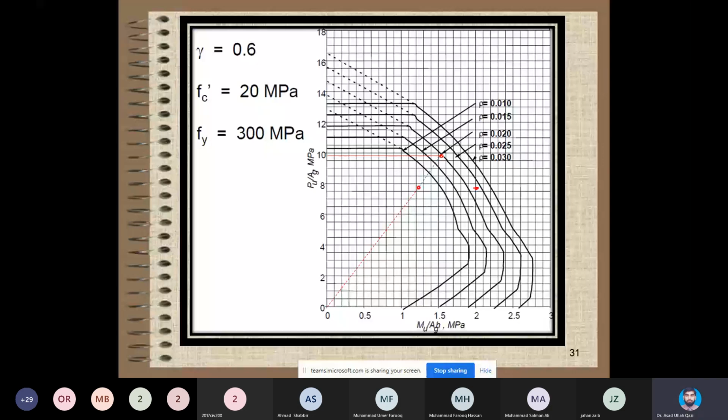Once it intersects, I will look on the vertical axis to see what axial load this column can take when only uniaxial moment MUY was present, and I will record its value.